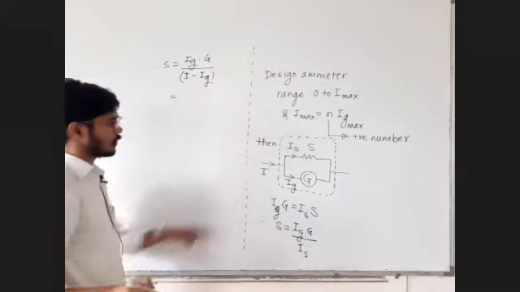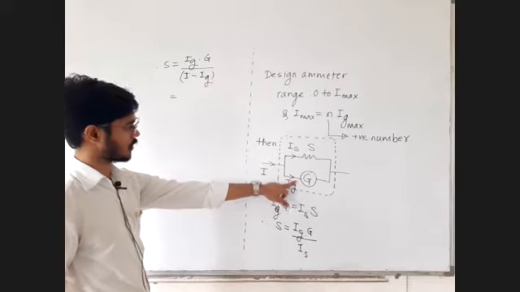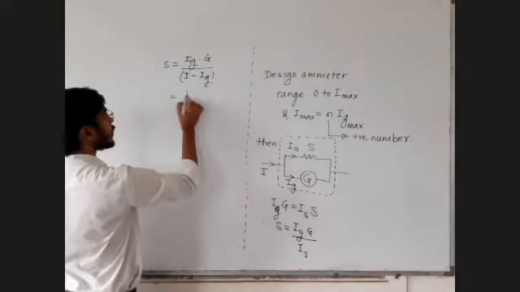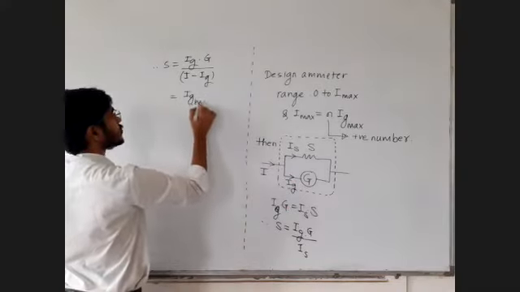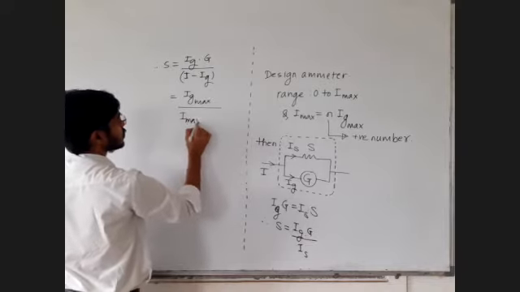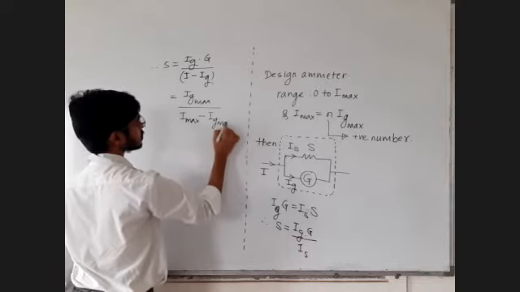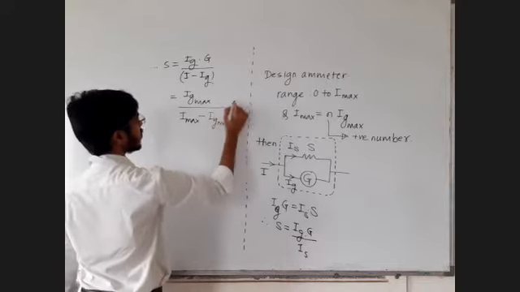If the maximum possible current is entering here, maximum possible current will enter here. So if I write Ig max, here I will write I max minus Ig max, multiplied by G as it is.